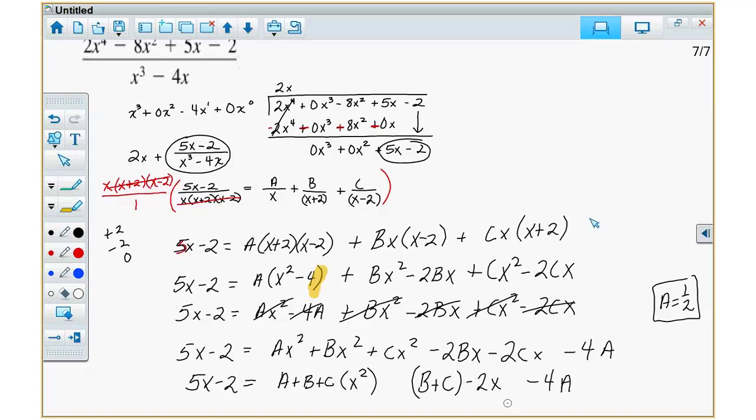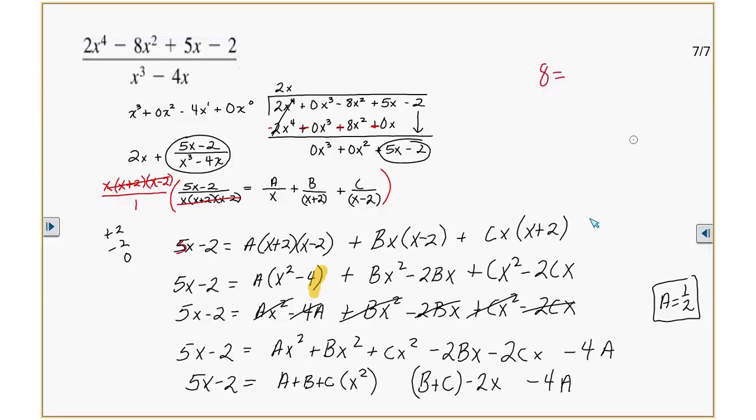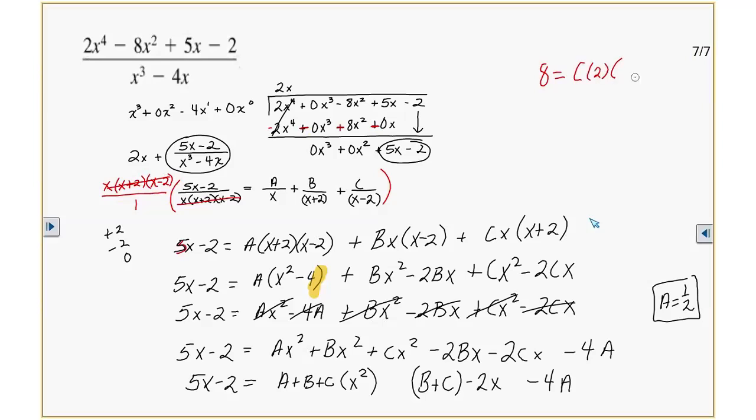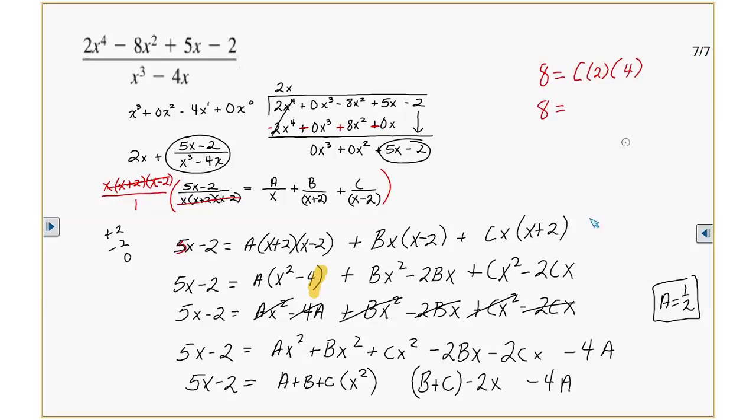So 8 is equal to C times 2 times 4, so 8 is equal to 8C. So C is equal to 1. All right, write that down. C is equal to 1.